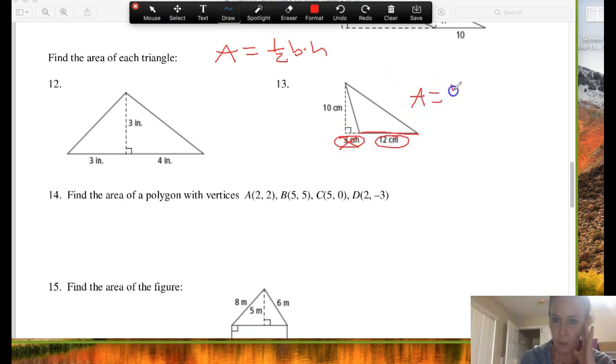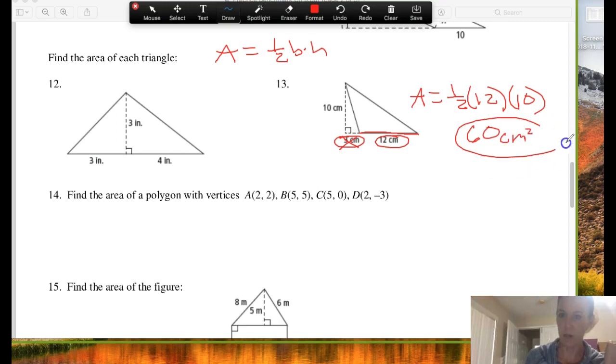The area is 1/2 times 12 is the base, and the height here is 10. All right, so 12 times 10, or let's do this first. 1/2 of 12 is 6, and then 6 times 10 is 60. And it was centimeters. I didn't write centimeters, shame on me, but it's centimeters squared. Area is always square units. All right, simple as that.